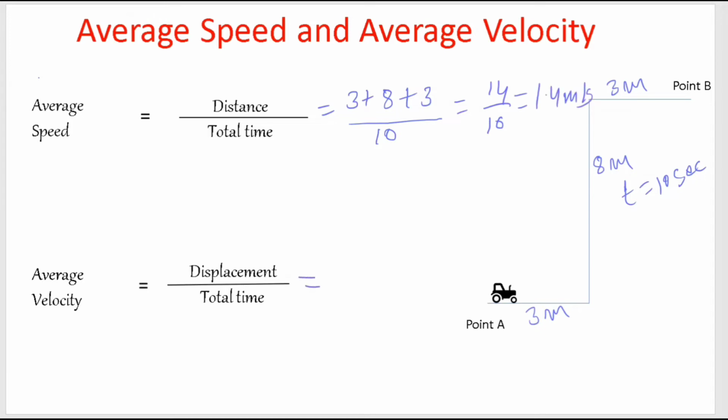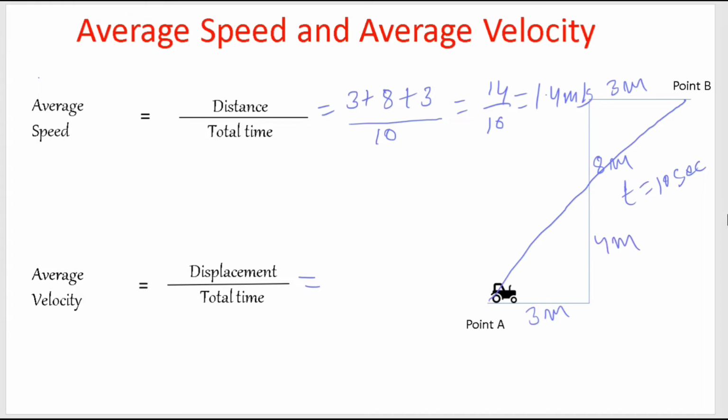To find the displacement, we have to find the shortest distance between point A and B, and we know the shortest distance is always a straight line from A to B. This is 3 meters, and the total height is 8 meters, so this is 4 meters.